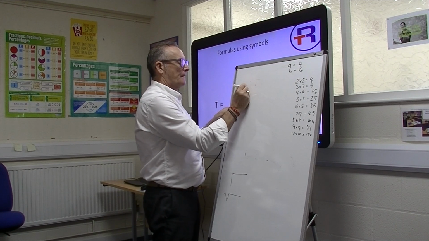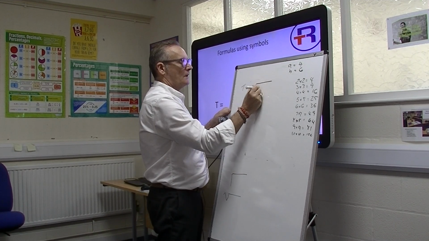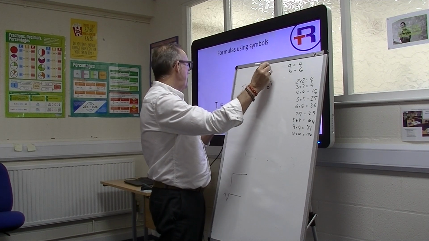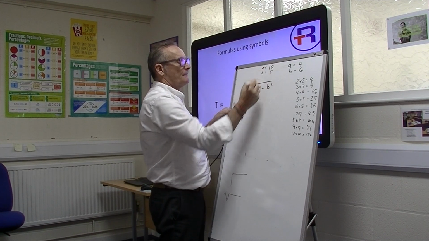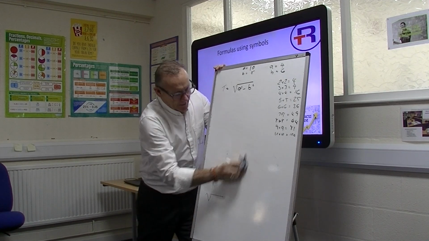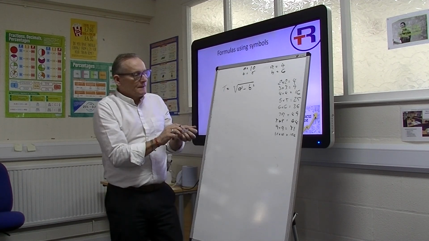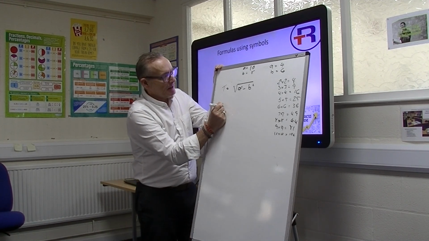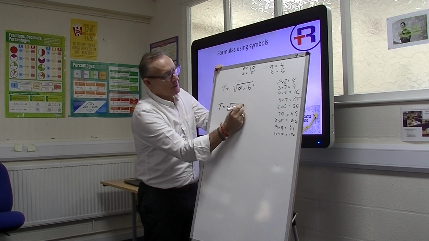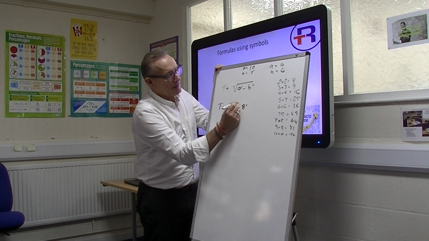So T is equal to the square root of A squared minus B squared, where A equals 10, B equals 8. And again, do some kind of structured step by step. T equals the square root of 10 squared minus 8 squared.